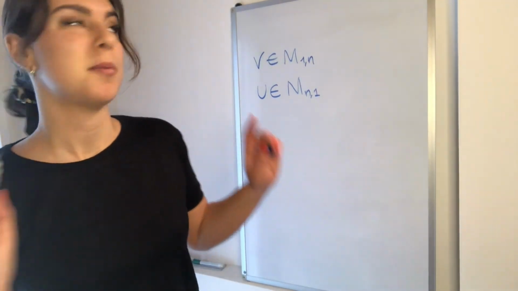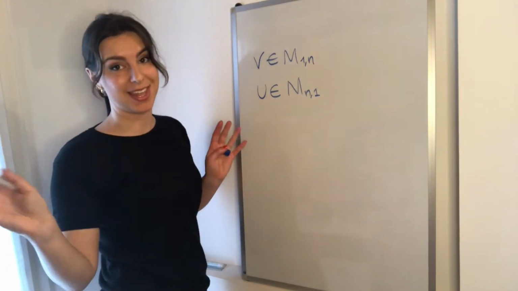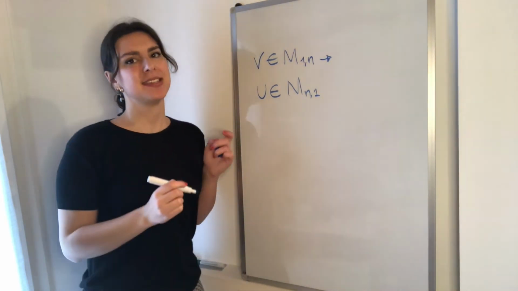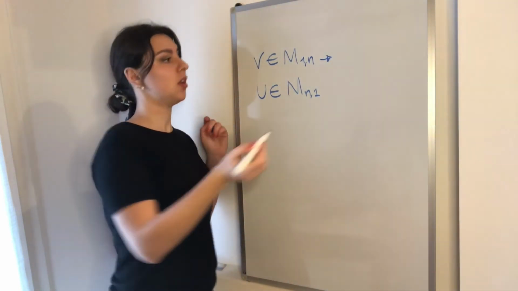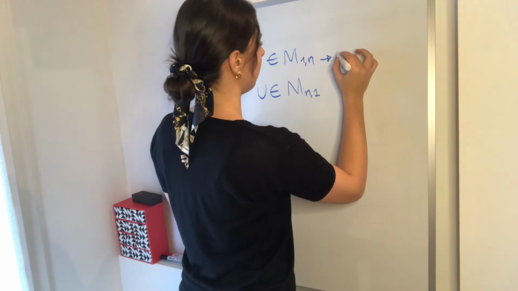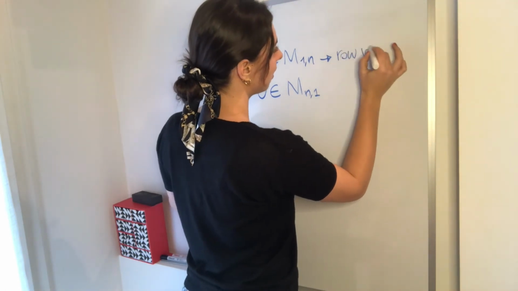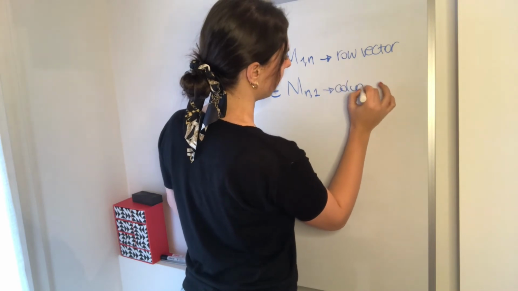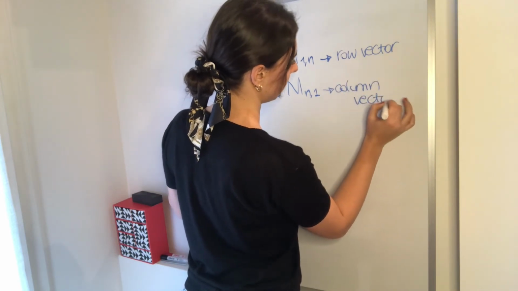This is a bonus special case. So it's the case of vectors. Here we have a row vector, and here we have a column vector.